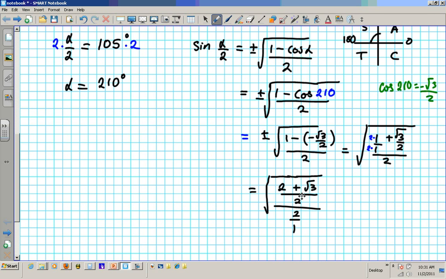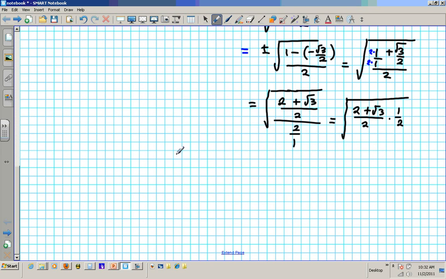We're going to divide this fraction, and it's going to become the square root of 2 plus root 3 over 2 times, if you flip this, 1 over 2. And then that will give us the square root of 2 plus root 3 over 4.